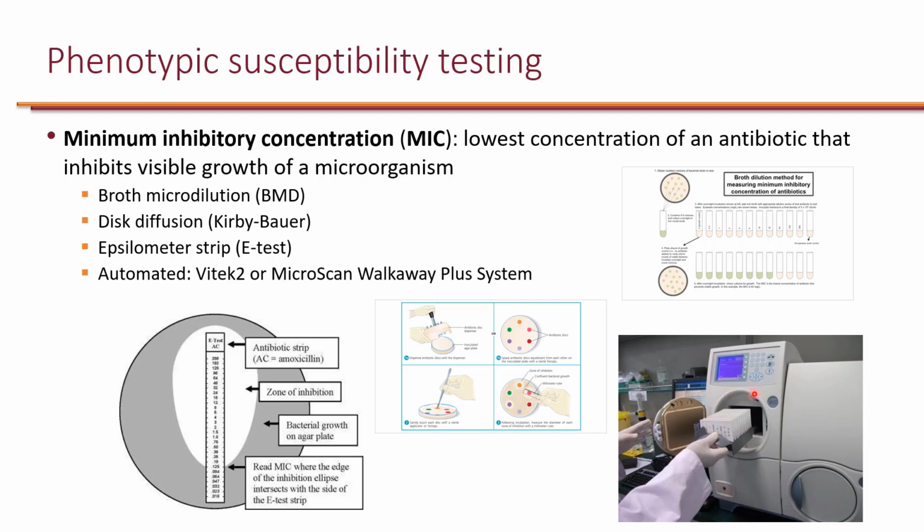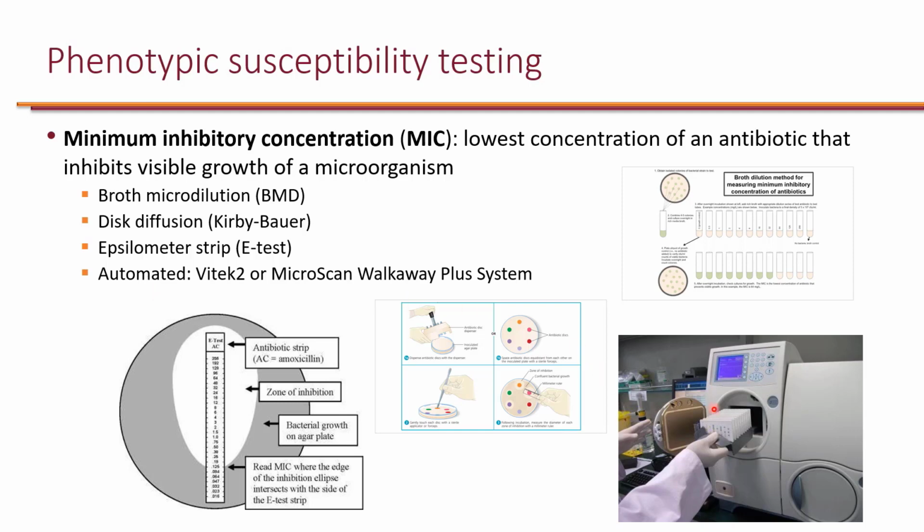Then, in a matter of an hour or so, it will give you MICs. So then you can get your MIC and interpret it as susceptible, intermediate, or resistant. And these automated systems are most commonly used for the majority of the samples.